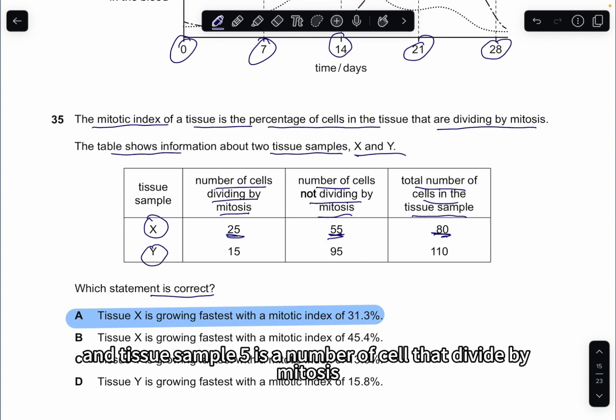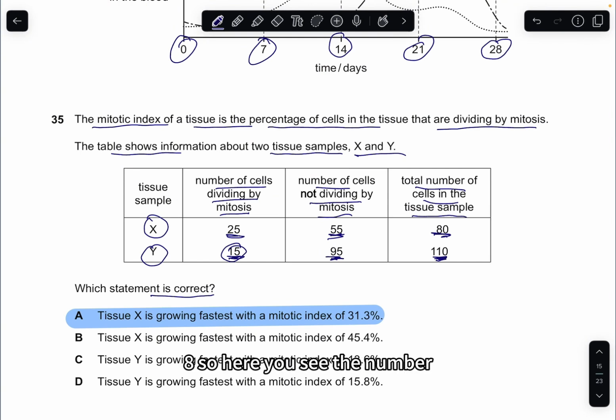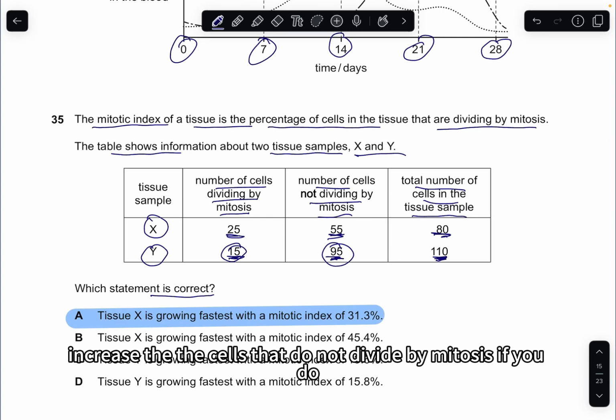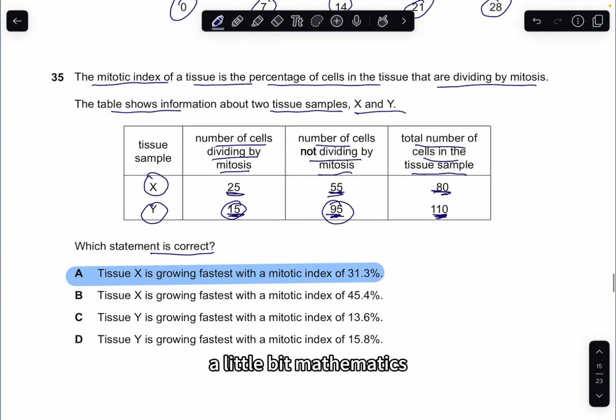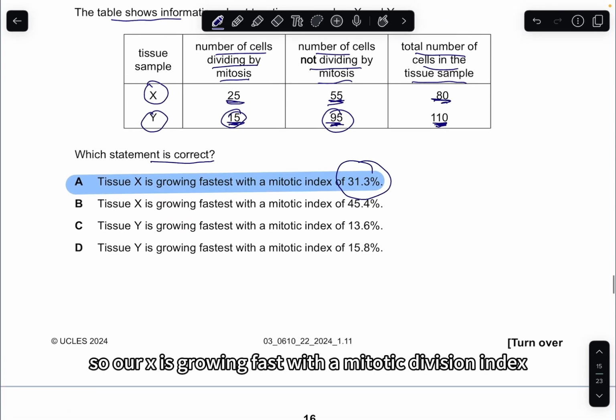For Y, the number of cells dividing by mitosis is 15, the number not dividing by mitosis is 95, and the total number of cells is 118. So here you see the number of cells that do not divide by mitosis increases. If you do a little bit of mathematics, you can see it's almost 31.3. So X is growing fast with a higher mitotic index.